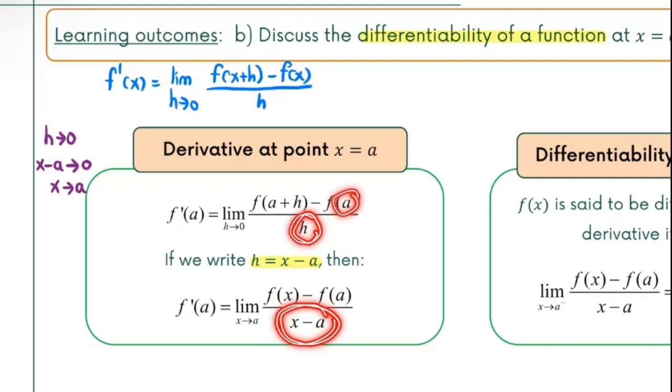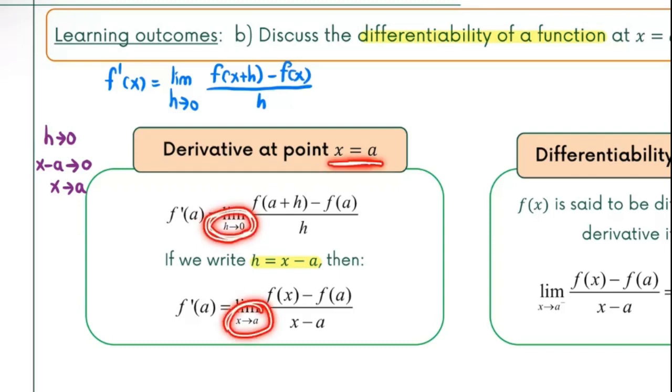Okay, tadi x ini kita dah tukar dengan a. So itu apa yang berlaku dekat kita punya function lah, derivative at point x equals to a. So nampak beza dia dekat sini asalnya adalah h approaching 0. So bila x equals to a, kita akan ubah dia kepada x approaching a. So itu beza dia. Kata h approaching 0 dengan x approaching a.